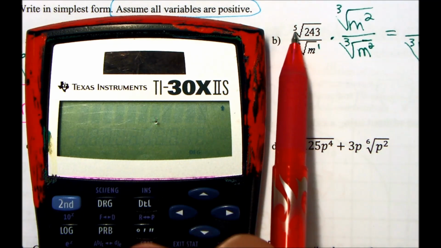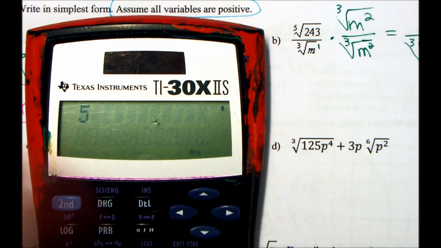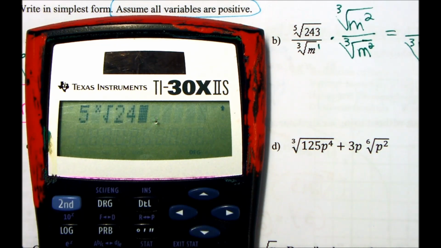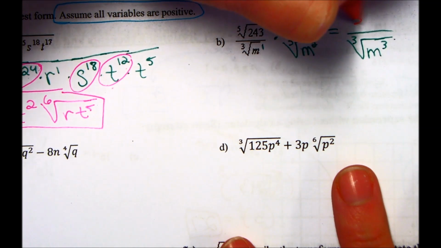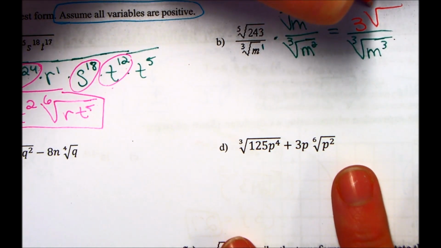But if you didn't know off the top of your head, you're going to take your 5, put it in the calculator first, and then to take the 5th root, you hit second and caret. So this means the 5th root of 243, and then hit your equals, and you'll find out that it is 3. So that 5th root of 243 is 3, but the 3rd root of m squared is just going to go next to it.